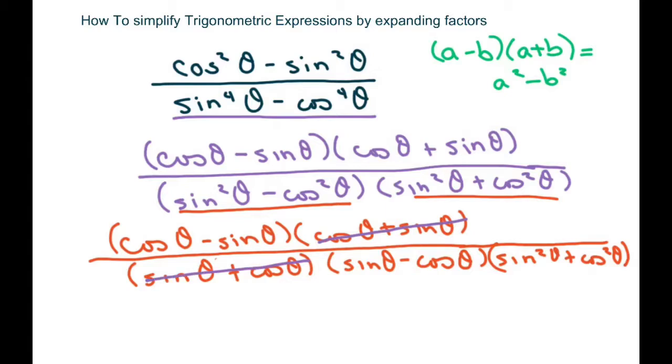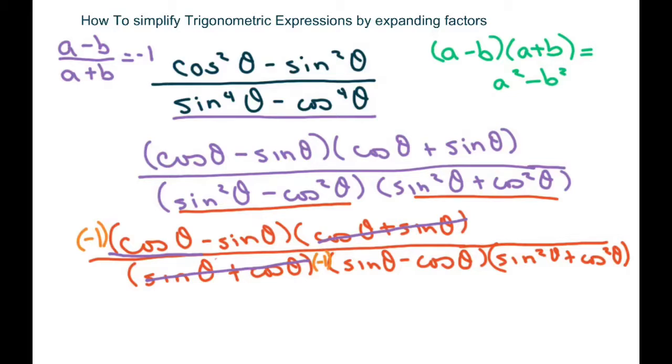and when you have something like this, anytime you have a minus b over a plus b, that equals -1. Because what you can do is you can multiply both the numerator and the denominator by -1.